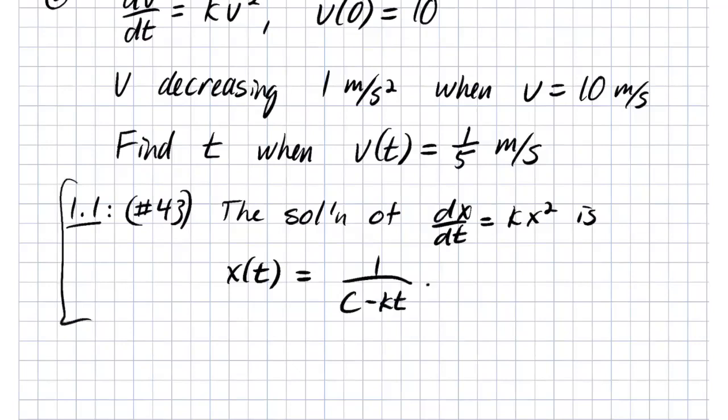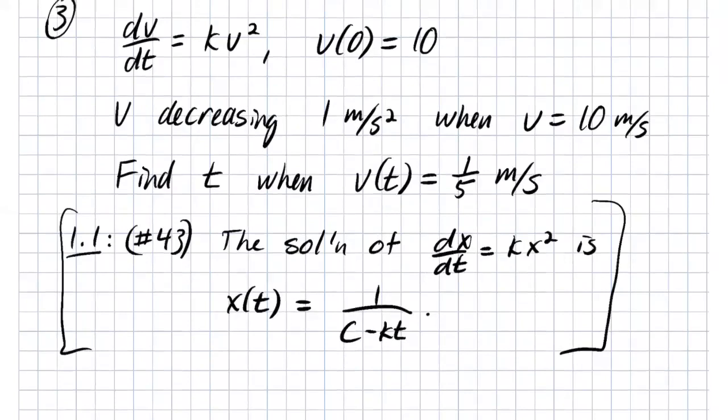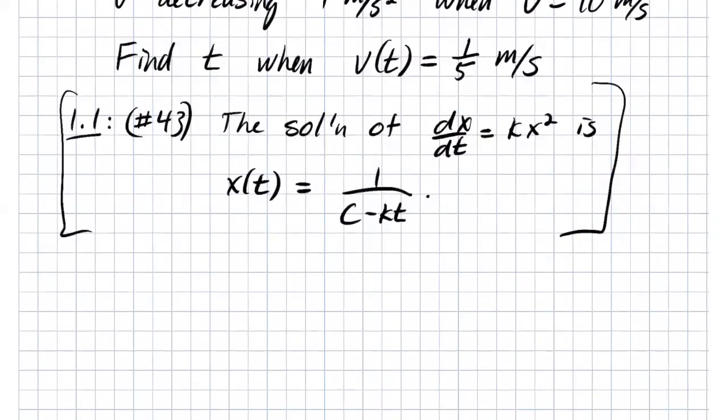Okay, so that was how we know what the solution of this differential equation is. So now we can use that. So we know that v of t is going to be of this form, 1 over c minus kt.